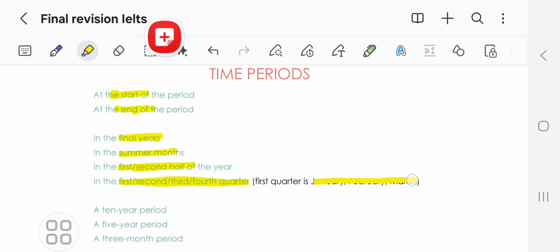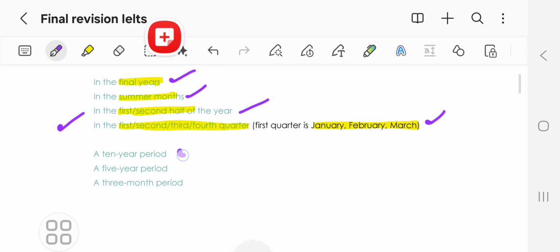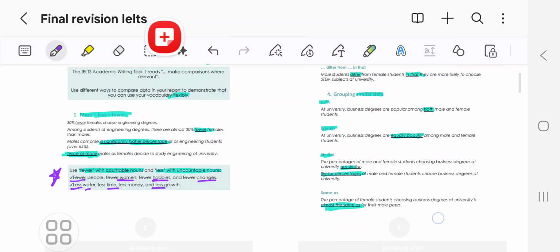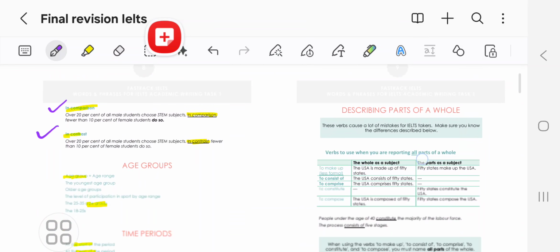The first quarter is basically January, February, March. You should be aware of these things. So this is how you can mention the time period: final year, summer months, first or second half, a 10-year period, a first-year period, three months. There could also be a decade you can talk about. Just remember that.